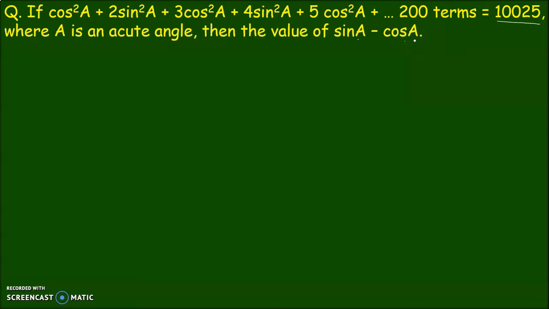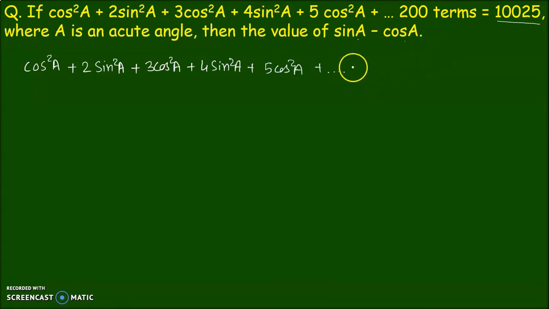So let's solve this interesting question. Here the series is cos square A plus 2 sin square A plus 3 cos square A plus 4 sin square A plus 5 cos square A, and it goes up to 200 terms.